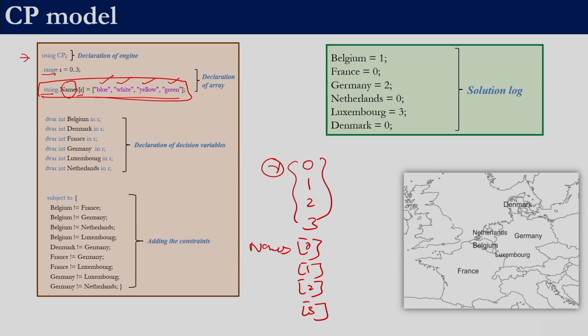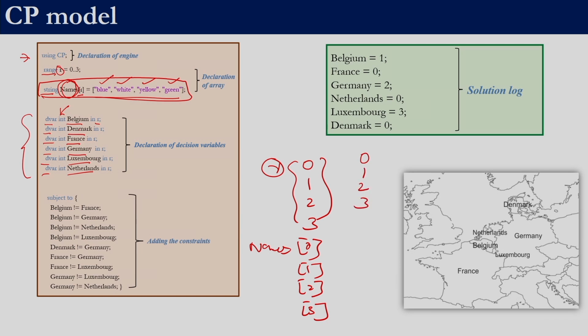So, right now we have defined a range and we have defined strings, and then we define these 6 decision variables using dvar, and all these 6 decision variables are of the type integer. The names of the decision variables are Belgium, Denmark, France, Germany, Luxembourg and Netherlands, and the range of all the 6 decision variables is in R. So, Belgium can take a value of 0, 1, 2, 3.